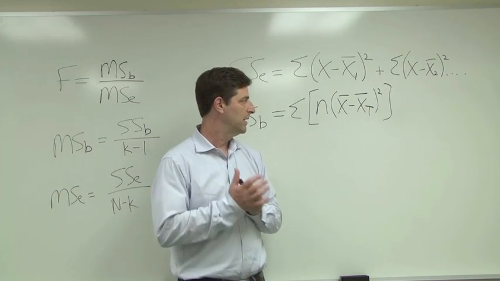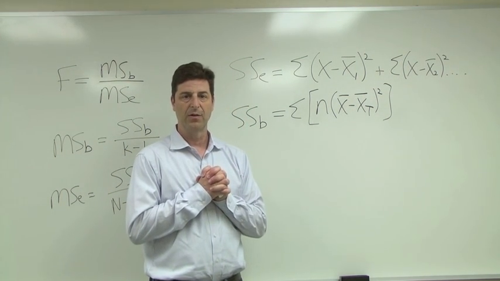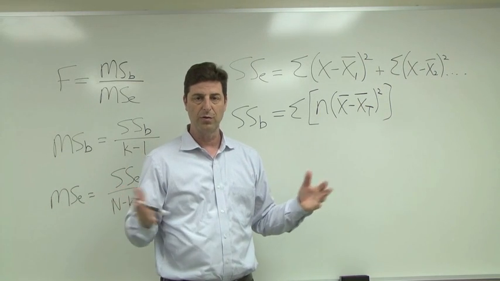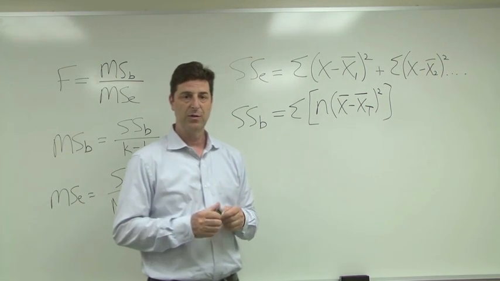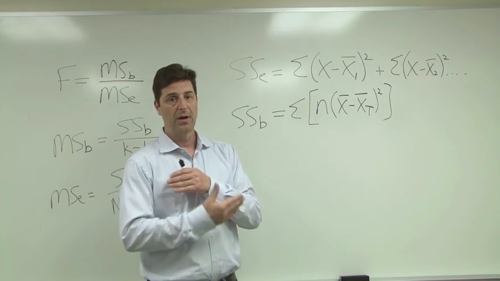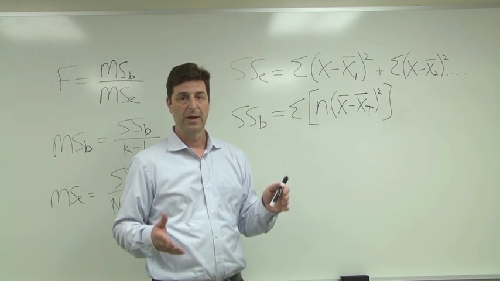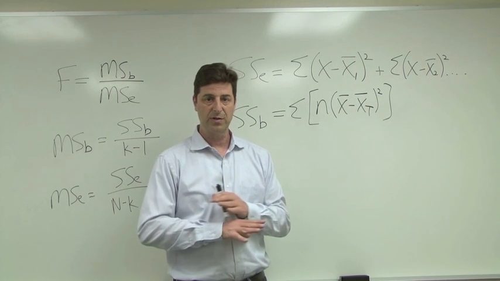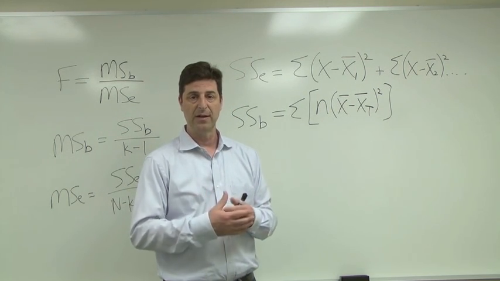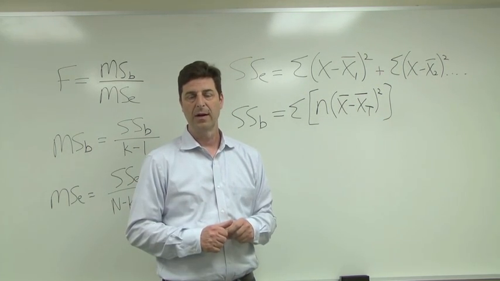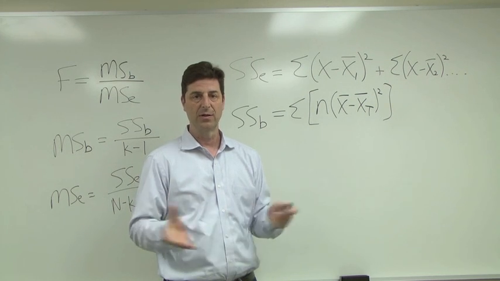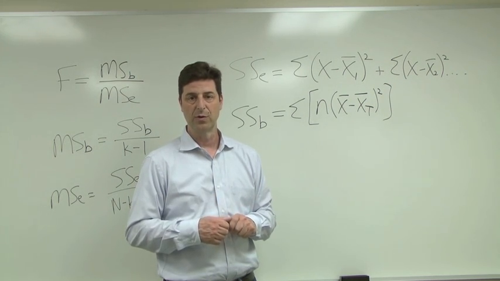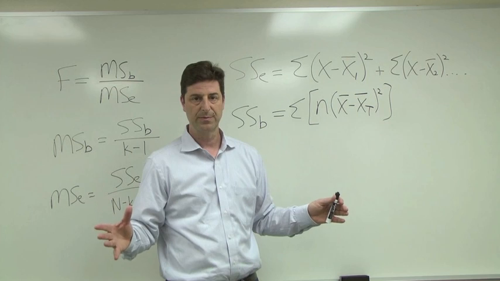First, to find the X bar T, the grand mean, the total mean, you add up all of the scores across all of your groups, sum those all together, divide by the total number of scores across all the groups, and you find a mean for the entire population of scores across all of your groups.